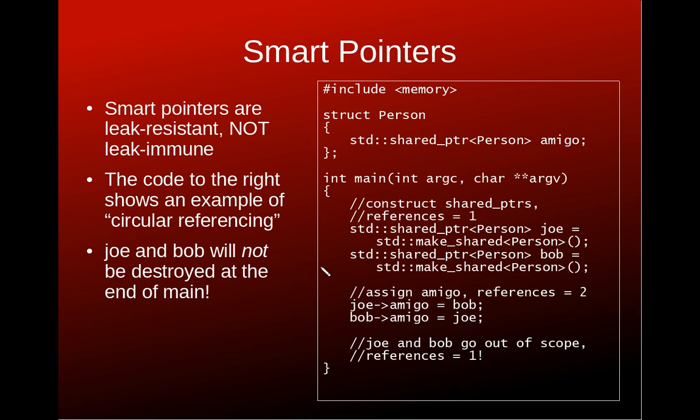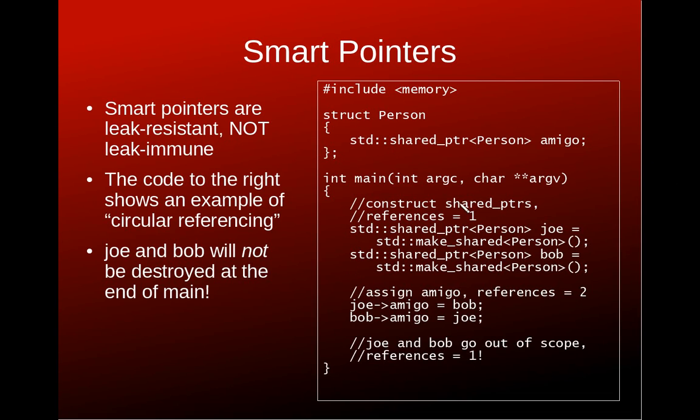So what we have here is a struct called person, and every person has a friend, right? I tried to call this member variable friend, but I realized that's a keyword, so I actually cannot do that. So I called it amigo. So everyone has an amigo, right? So in main, we construct two people, Joe and Bob, okay? And we make shared pointers to those people.